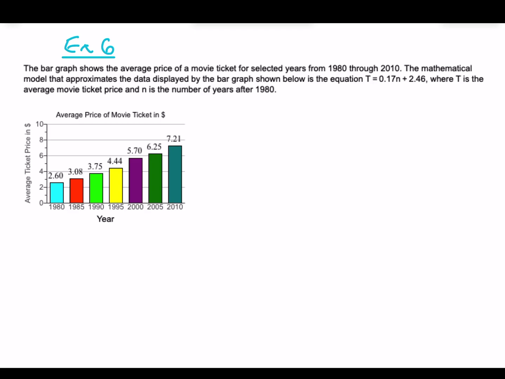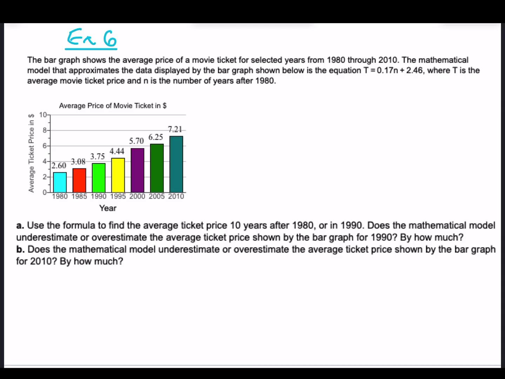So there are two questions that we want to answer for this example. In part A, we want to use the formula to find the average ticket price 10 years after 1980 or in 1990. Does the mathematical model underestimate or overestimate the average ticket price shown by the bar graph for 1990? If so, by how much?